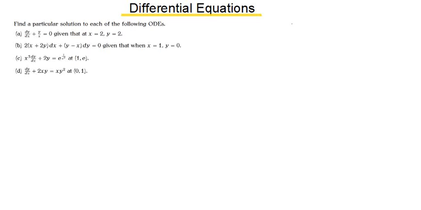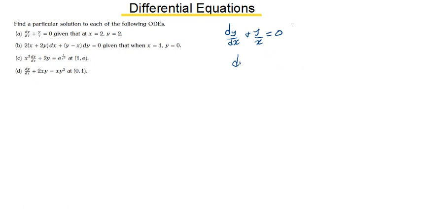Looking at the first one, we have dy/dx plus y over x equals 0. You can observe straight away that this is in the form dy/dx equals f of y times g of x. If it's in this form, we're able to use separation of variables. This is a very straightforward one, where we write it as dy/dx equals minus y over x.